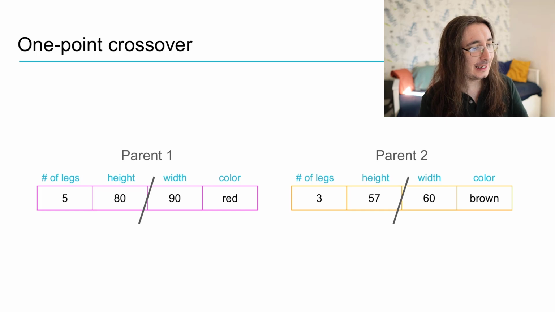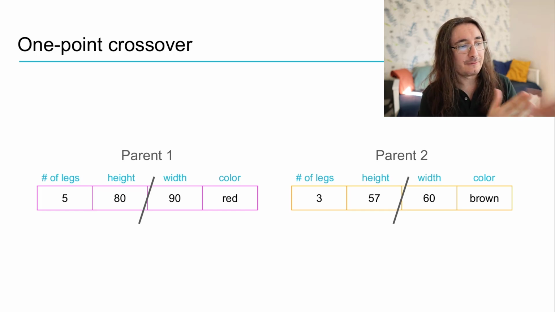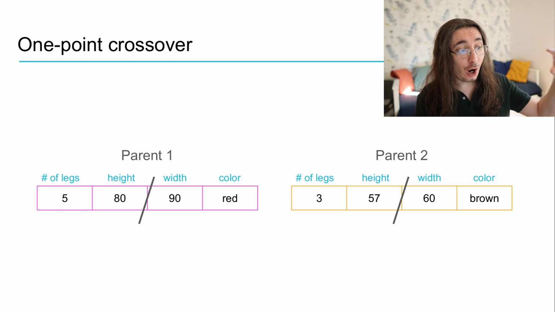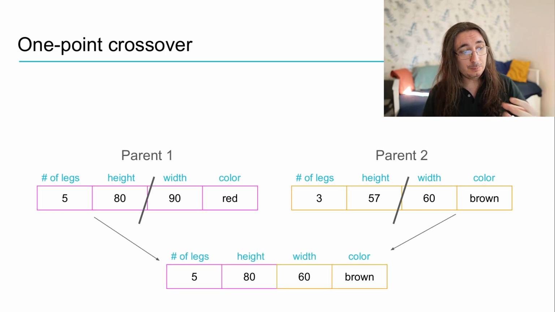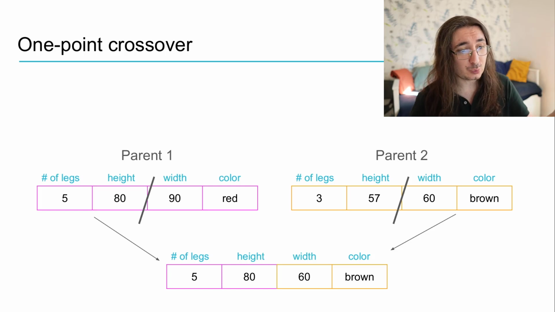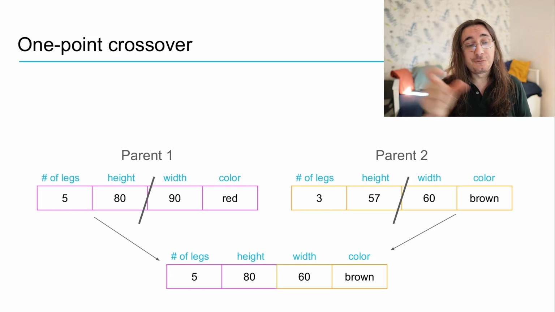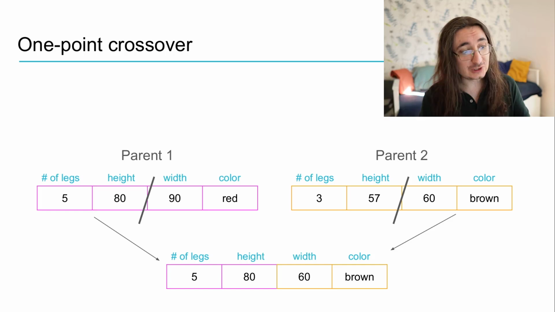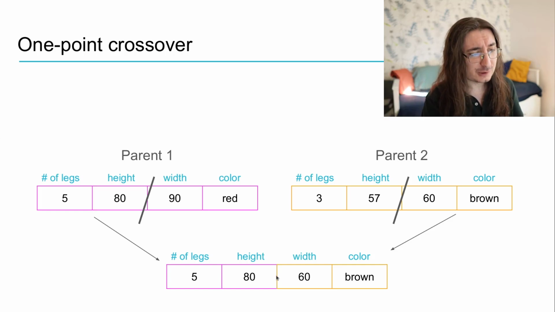In this case, it is between the second and the third gene, but it could be randomly chosen wherever you want, or you may have a criteria or a series of criteria for that. Okay, and then the offspring is basically the recombination of the first part, the first two genes, in this case, that come from parent 1, and the third and fourth gene that come from parent 2. And that's the offspring for you.